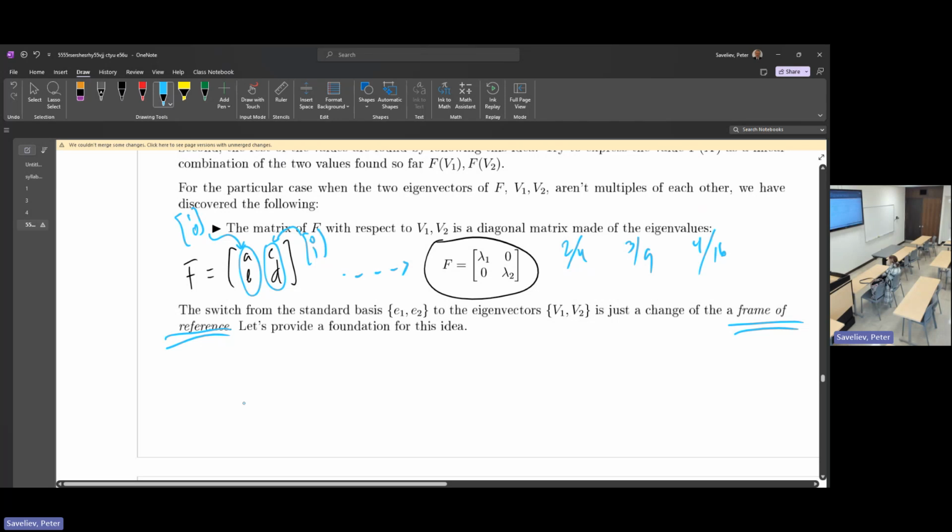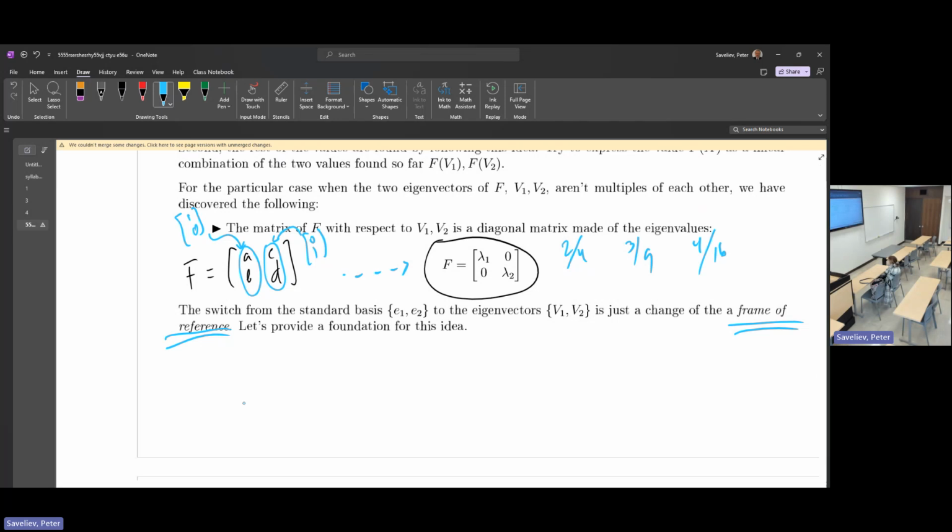You may have seen this. Where do we see a change of frame of reference in real life? Coordinate systems, right? Remember, there was a competition over who won the zero meridian. You know the zero meridian?